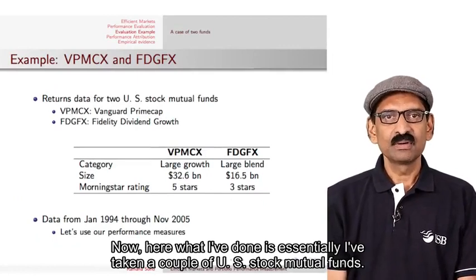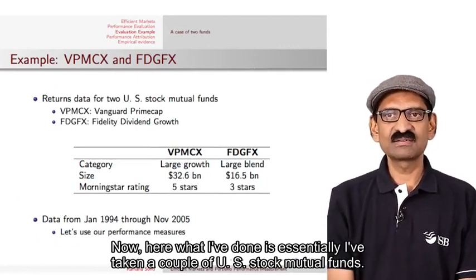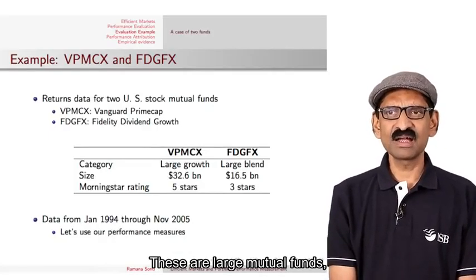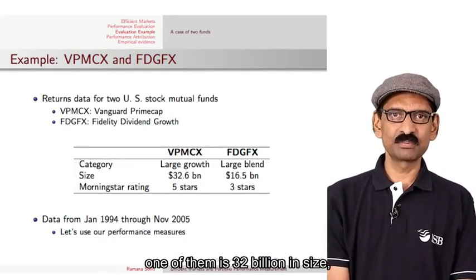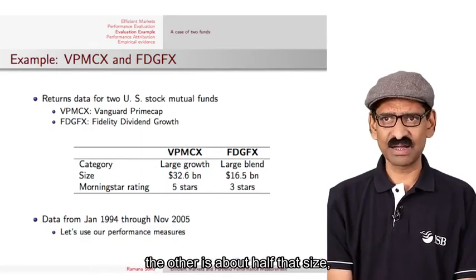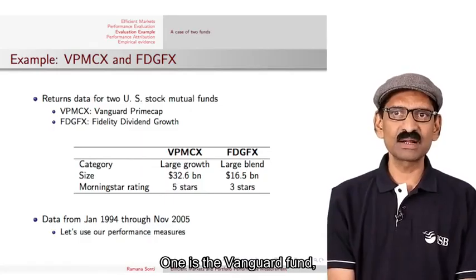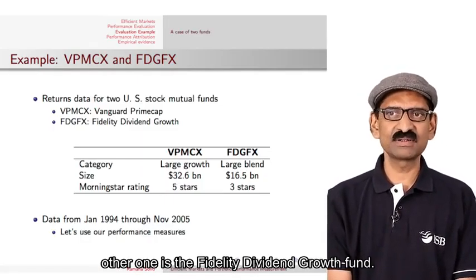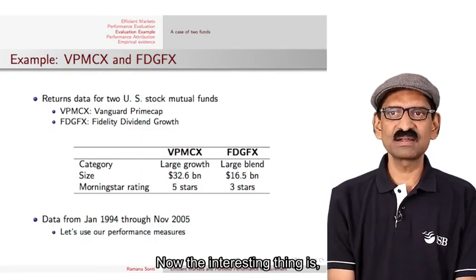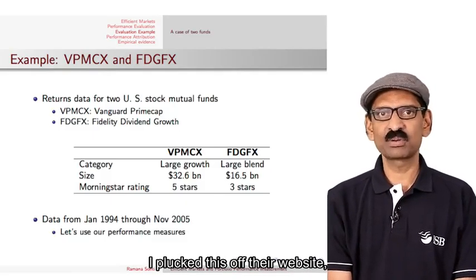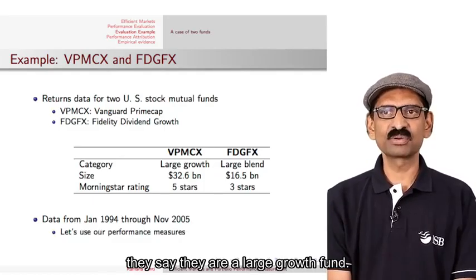Now, here what I've done is essentially I've taken a couple of US stock mutual funds. These are large mutual funds. One of them is 32 billion in size. The other is about half that size, about 16 billion, still very large. One is a Vanguard fund. One is a Fidelity Dividend Growth Fund. Now, the interesting thing is the Vanguard fund advertises itself, I plucked this off their website, as a large growth fund.